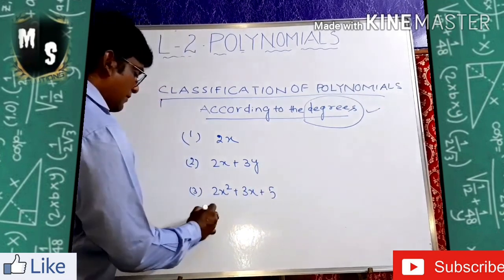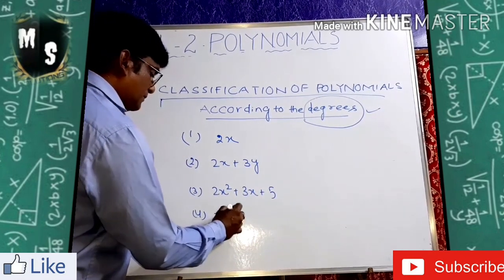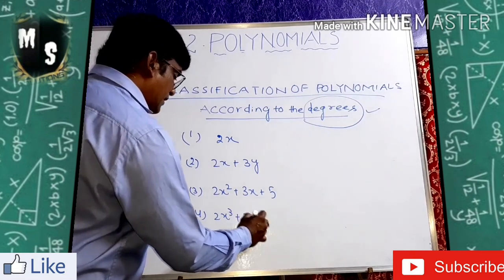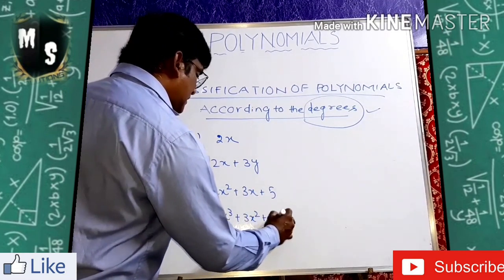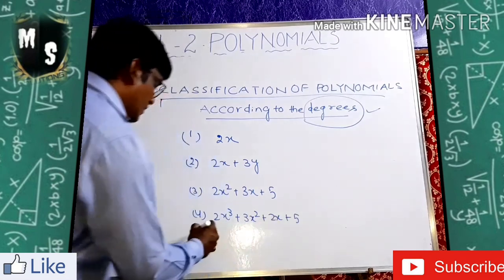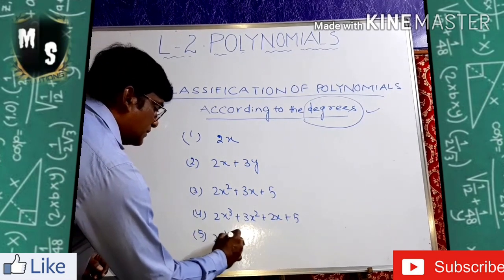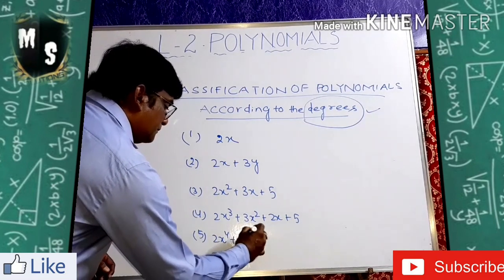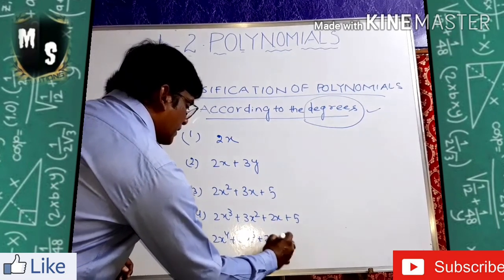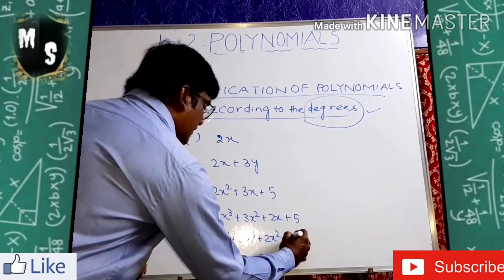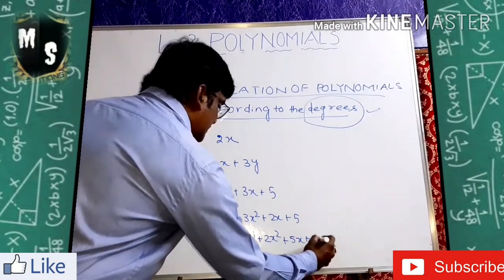Fourth one: 2x cube plus 3x square plus 2x plus 5. Fifth one: 2x to the power 4 plus 3x cube plus 2x square plus 5x plus 6.